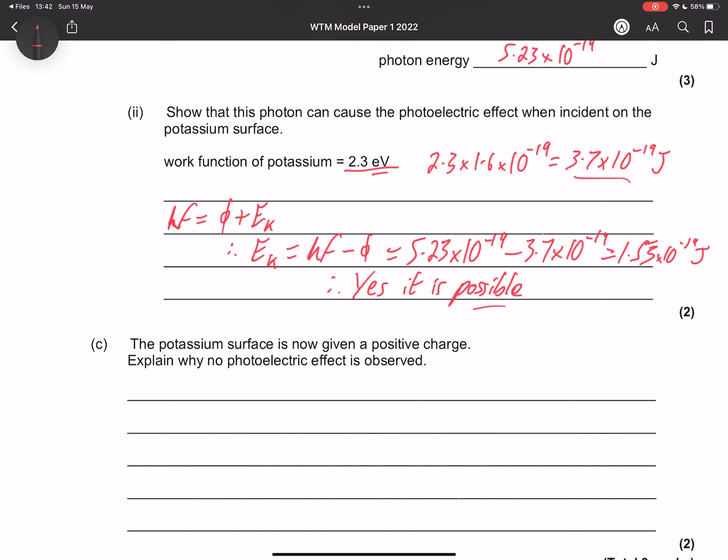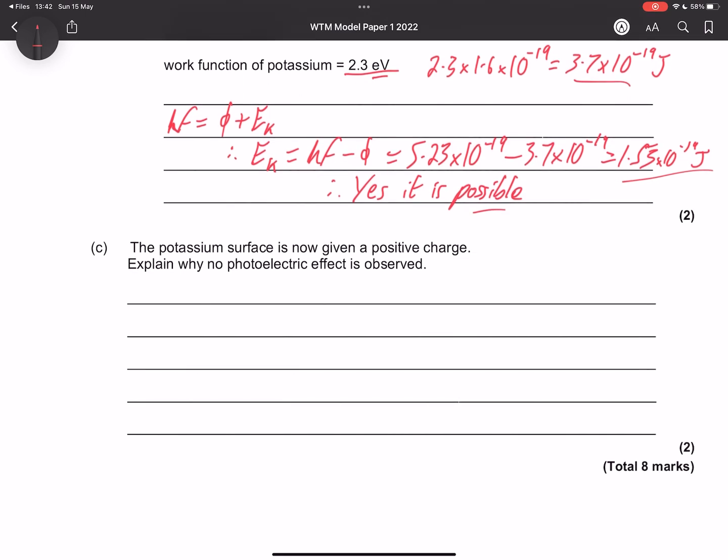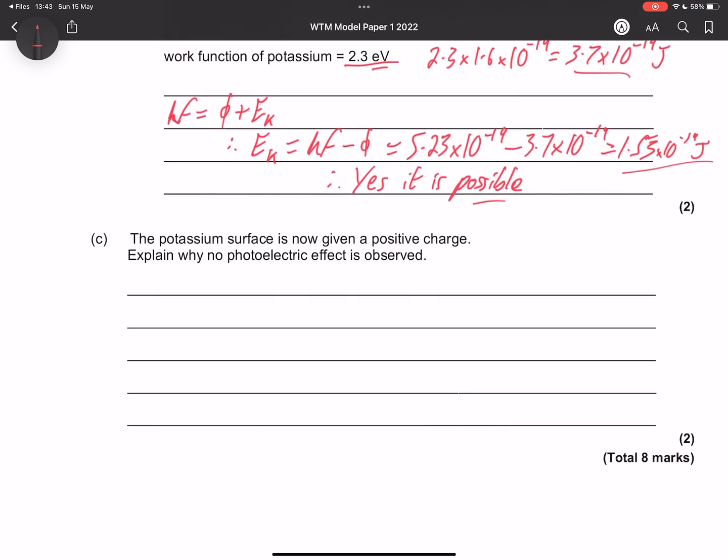Our final question is testing your understanding of the actual context that we're given of the photoelectric effect. Remember, electrons leave the metal surface because the surface is negatively charged in the scenario. Excess electrons are present, so it's very easy to free those electrons from the metal surface. They're not exactly being held back at all.